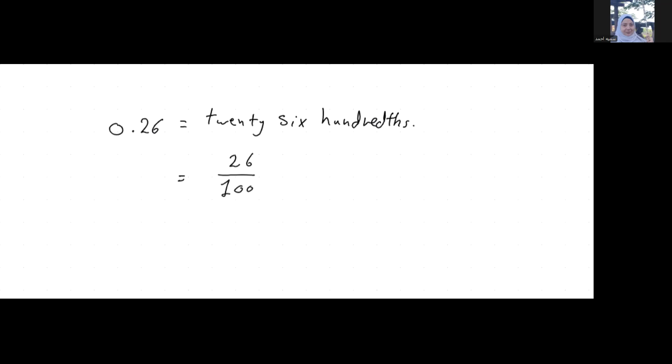Also, we can convert any fraction that has denominator 100 into a decimal, like 73/100, which equals 0.73.